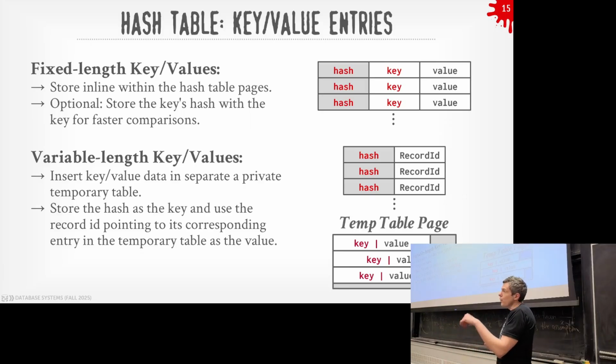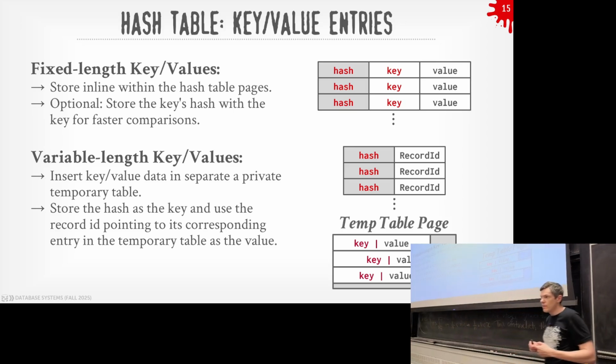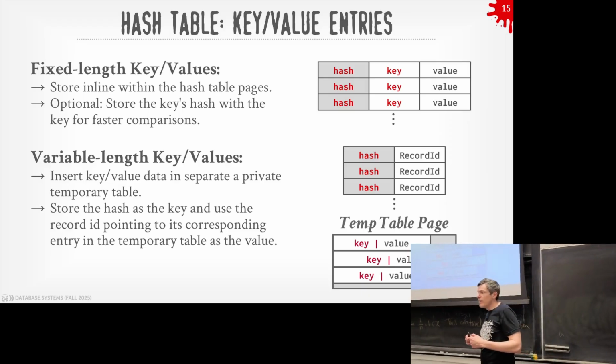The trick you could do, say you're storing variable length strings, is take the first 8 characters and store that in the hash table. I still need the record ID to get the original one, but at least now I can just look at the prefix and see whether it matches. What's that? German strings.